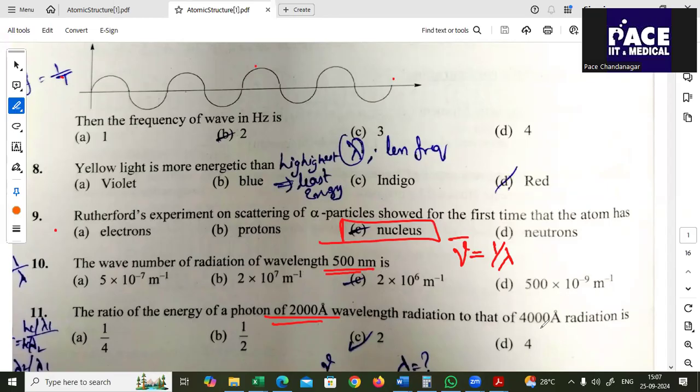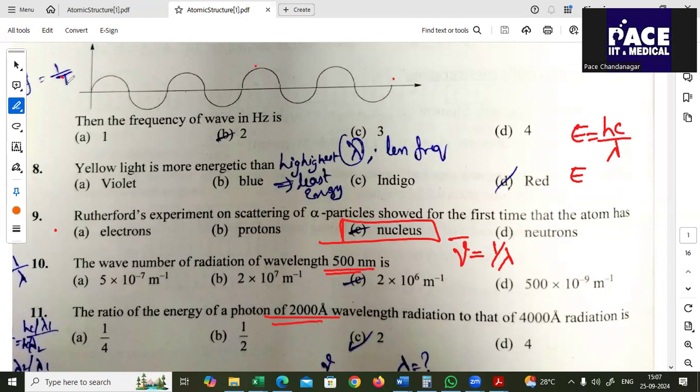So what do you mean by energies? Energy is E is equal to hc by lambda. So definitely lambda is equal to hc by E. Just do a ratio there, you will get that value.